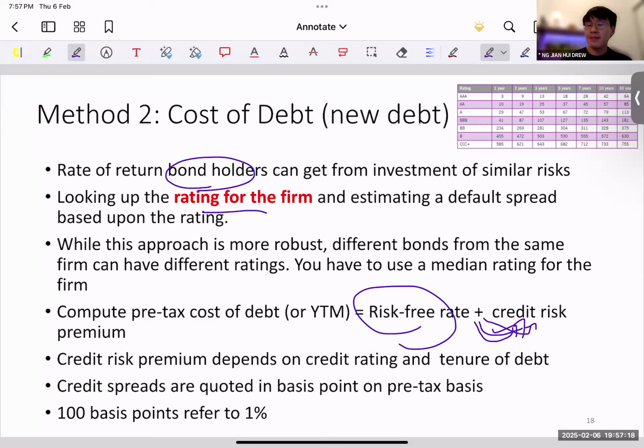Because the biggest risk of a debt holder is default. It's a default risk, i.e., credit risk. Whenever a default happens, that's where you have a credit risk situation. So your cost of debt is basically your risk-free rate plus your credit risk combined together.